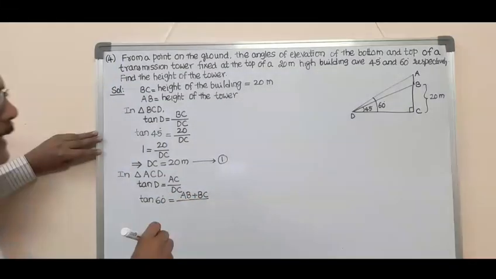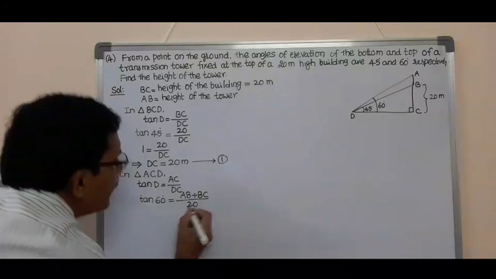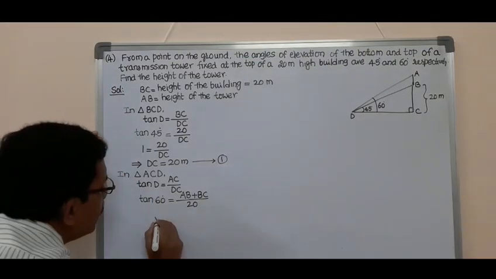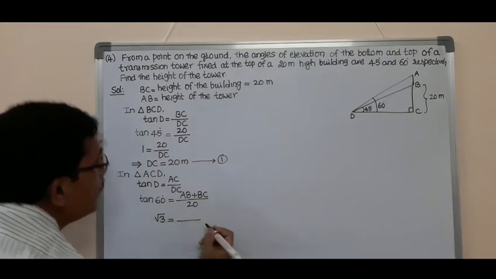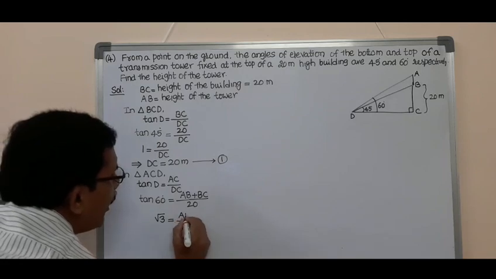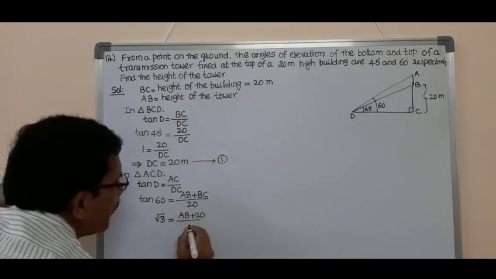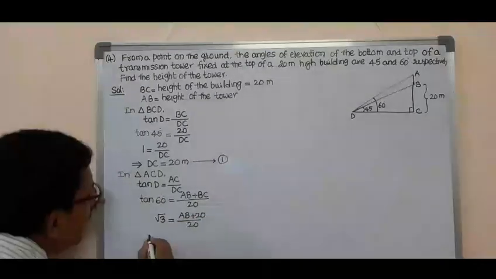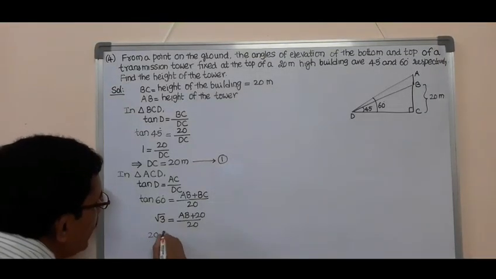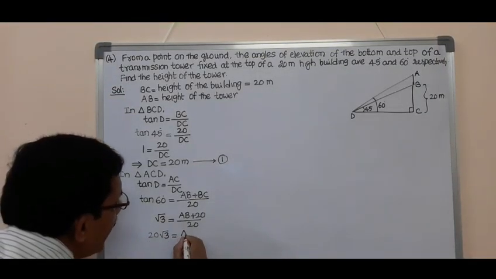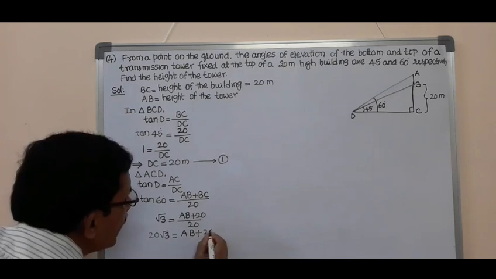DC length we got 20. Tan 60 value root 3 is equal to AB plus 20 by 20. 20 root 3 is equal to AB plus 20.